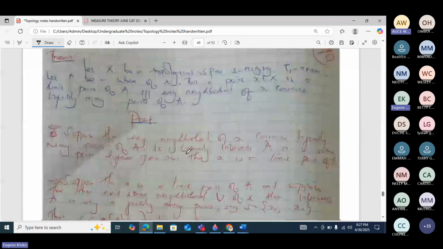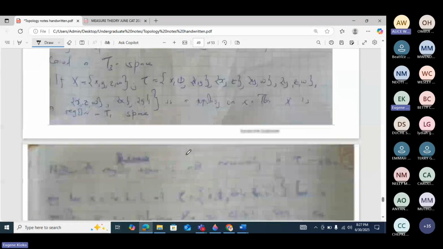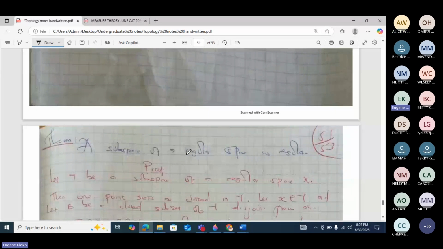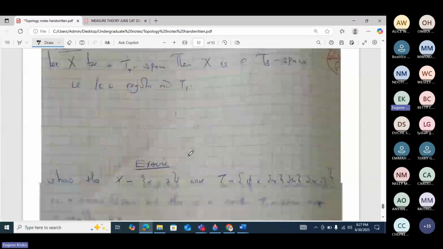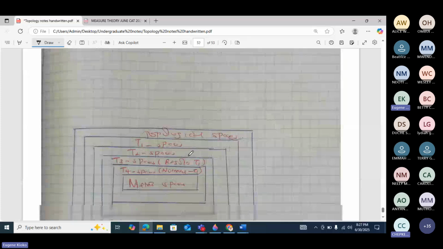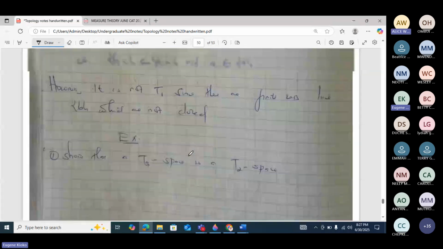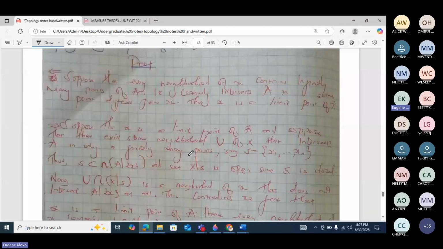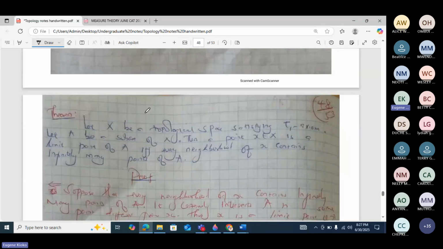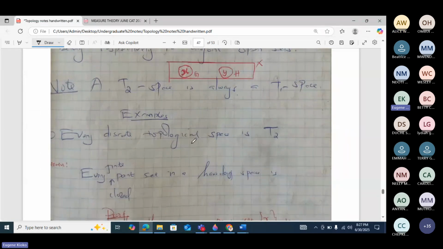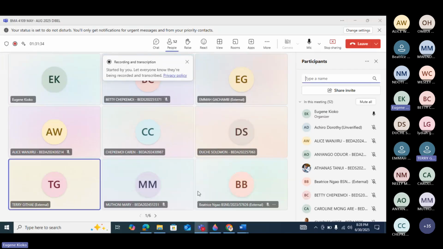So ukiangalia y ina map onto x, z. Why ina map kwa w? Unaangalia ya pili ama alipata inverse ya YZW ni YZW. Hiyo ilitoka wapi?